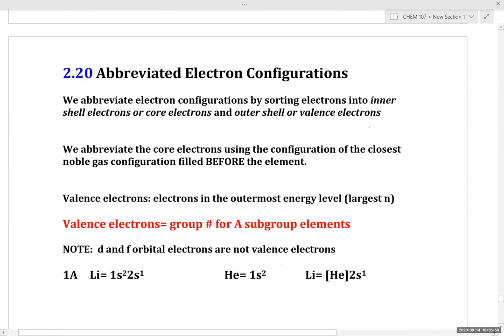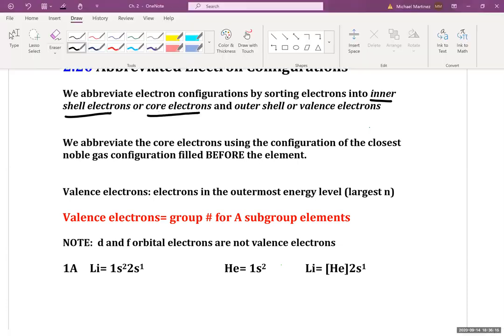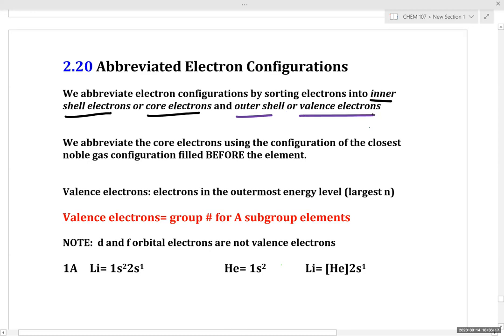Now many of you likely are getting tired of writing out every single part of these electron configurations, and there's actually a trick. We can abbreviate electron configurations by sorting electrons into inner shell electrons or core electrons and outer shell electrons or valence electrons.